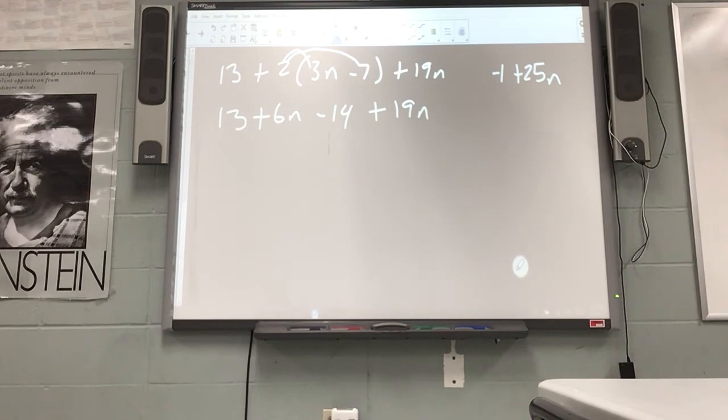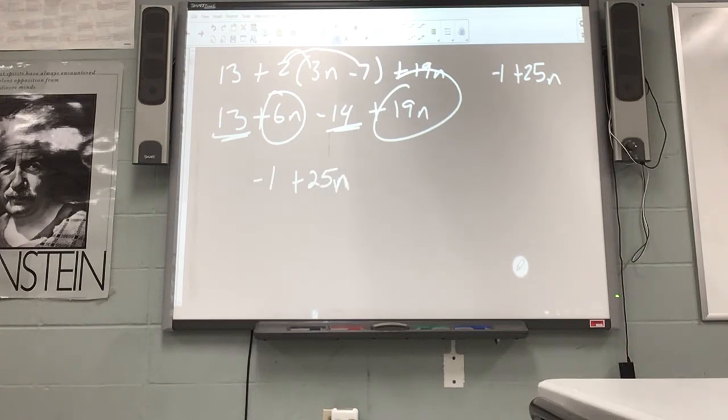And so if y'all put the -1 first, which tells me y'all probably did your constants first, is that true? No? Okay, that's okay. And it doesn't matter. You could do the variables first or the constants first, either one, it doesn't matter. But this 13 and -14 gets you the -1. And then the +6n and the +19n gets you a +25n. Okay, so that's correct, great job.